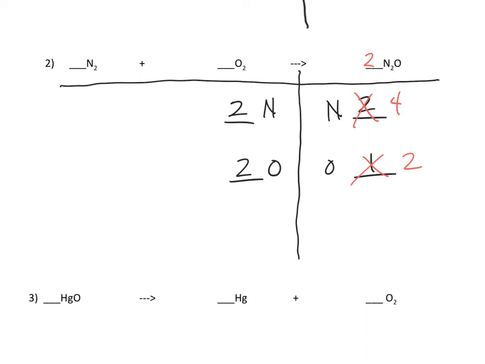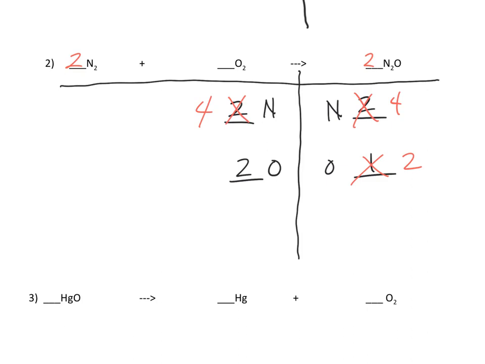And looking at the nitrogen on the left side, we need to make this balance, so let's change this 2 to a 4. In order to make that happen, we multiplied 2 by 2. So that means we're going to use a 2 coefficient for that nitrogen. And now we're done. We have 4 nitrogens on one side, 4 nitrogens on the other.